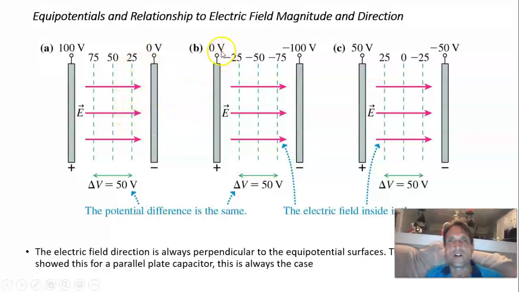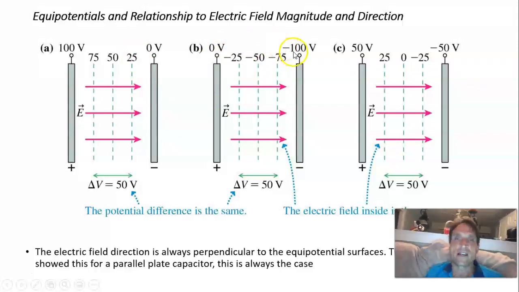And we could also call the positive plate 0 and the negative plate negative 100 volts, since all that matters is that the difference is 100 volts between the two. And in this case, the equipotentials would be negative 25, negative 50, negative 75, and negative 100. Now, there's nothing sacred about these numbers.